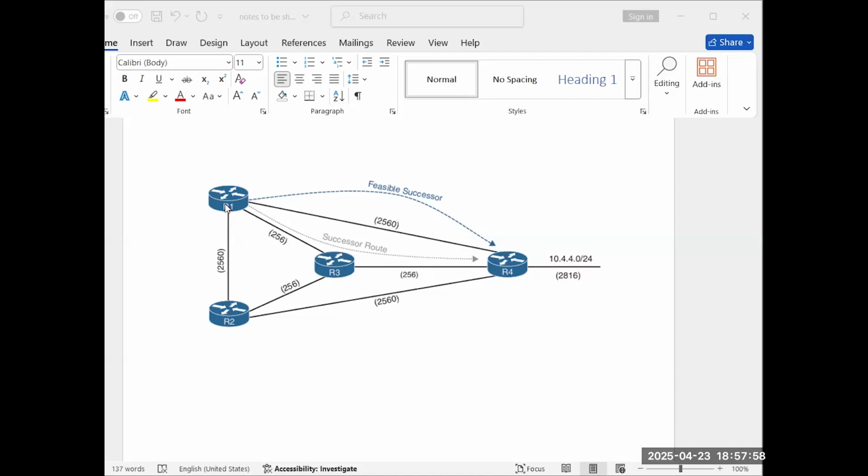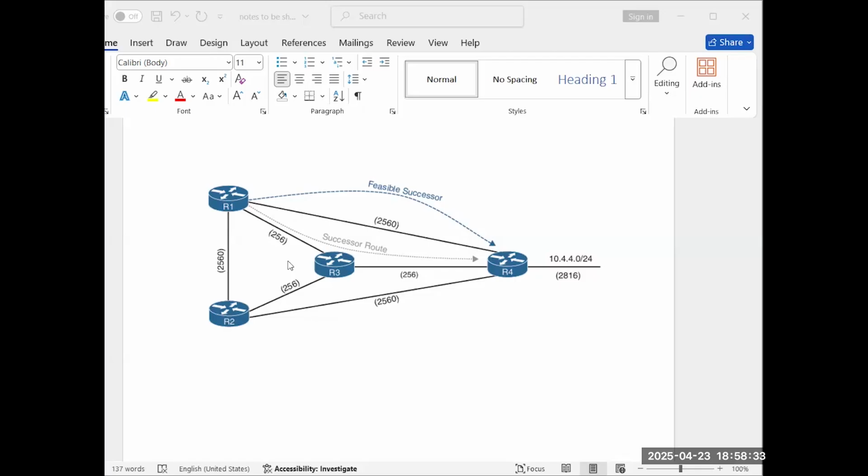In order to reach this destination, the 10.4 network, from R1, this will be the successor route and this will be the feasible successor. Why it is selected as successor here is, though there is one hop from R1 to R3, then R4, the link cost, the metric calculated, is 256.